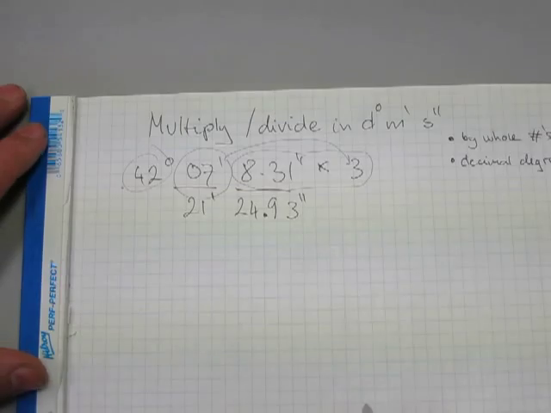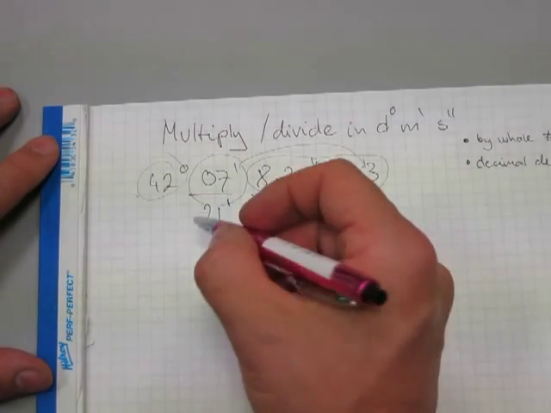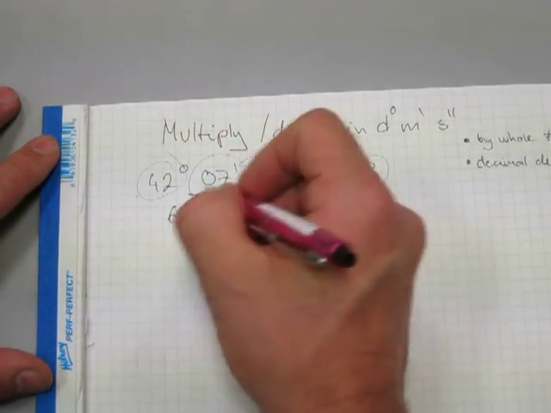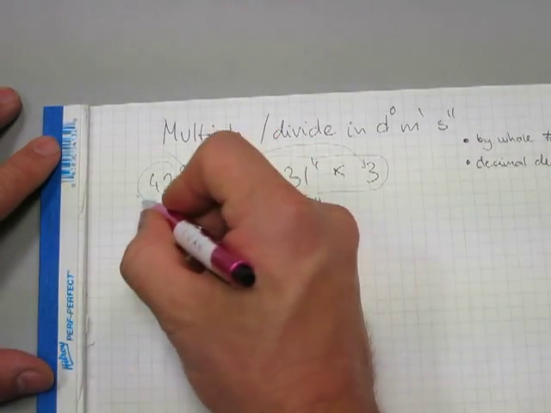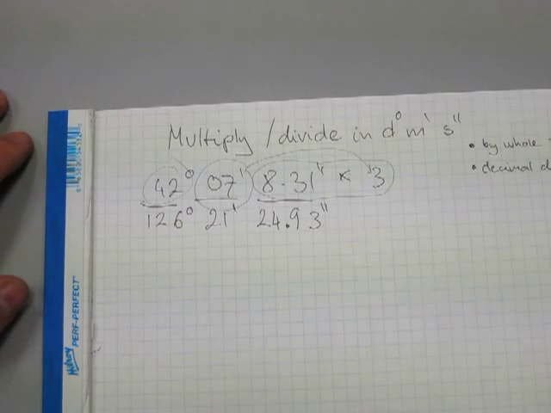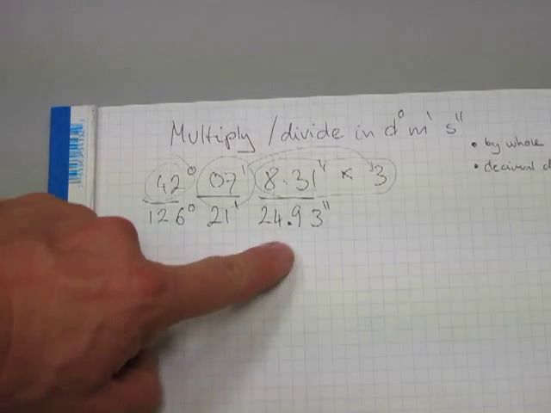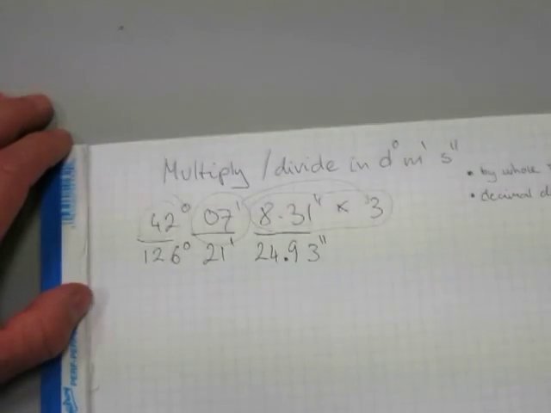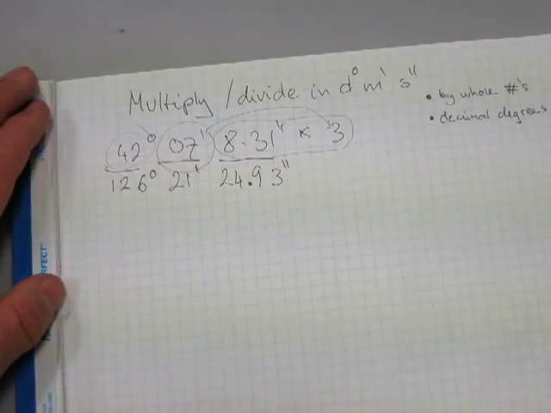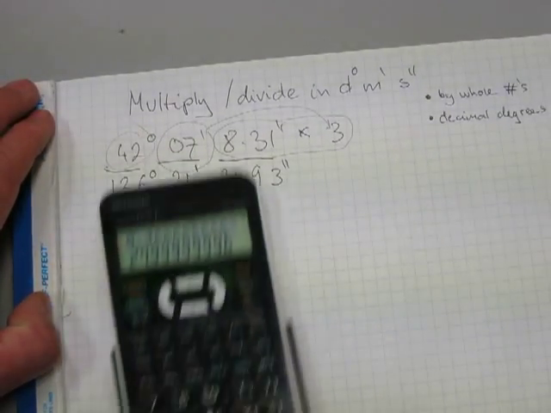That one doesn't need trading up either. 3 by 2 is 6, and 3 by 4 is 12. And neither of the amounts here need trading up. The final answer is 126 degrees, 21 minutes, and 24.93 seconds.